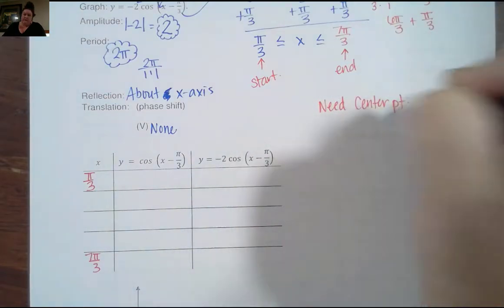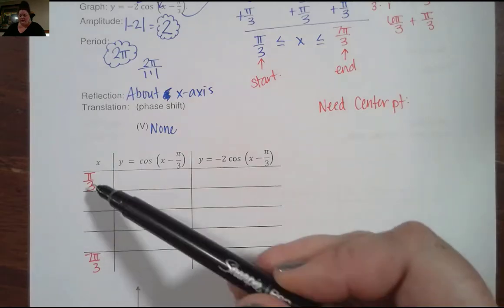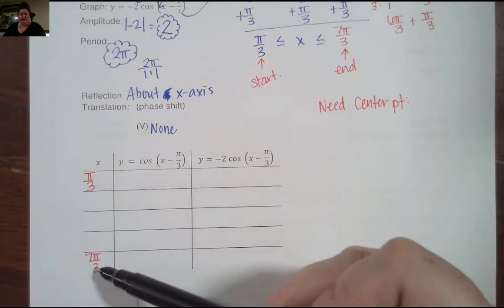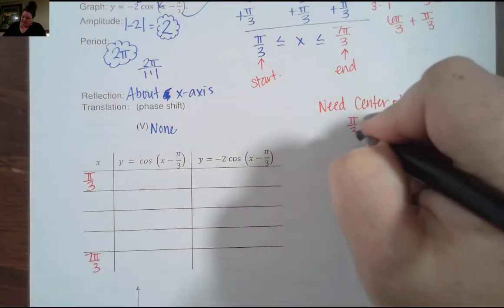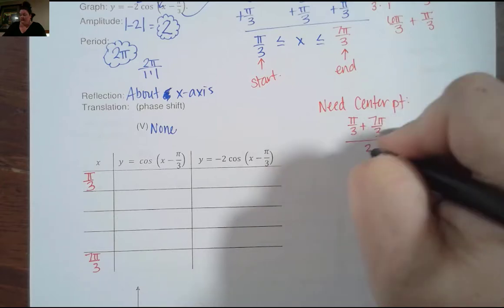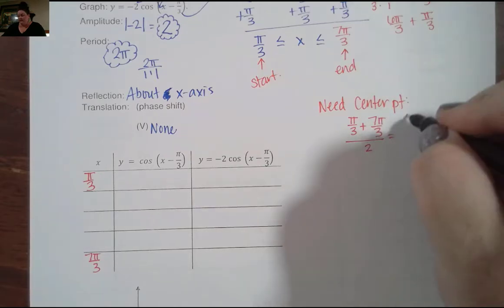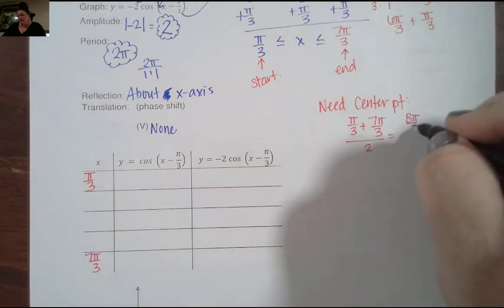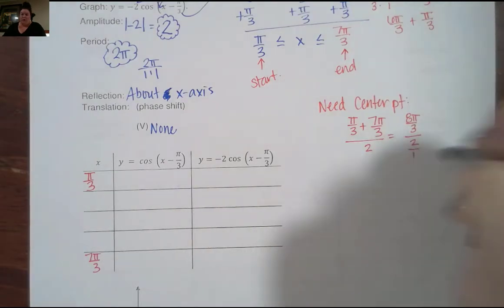So just like we did last time, to find this absolute center point, I just take pi over 3 and 7 pi over 3 and I average them. So I'm going to take pi over 3 plus 7 pi over 3 and divide that by 2. So 1 pi over 3 plus 7 pi's over 3 is 8 pi's over 3. And then we're dividing that by 2, which can be written as 2 over 1.